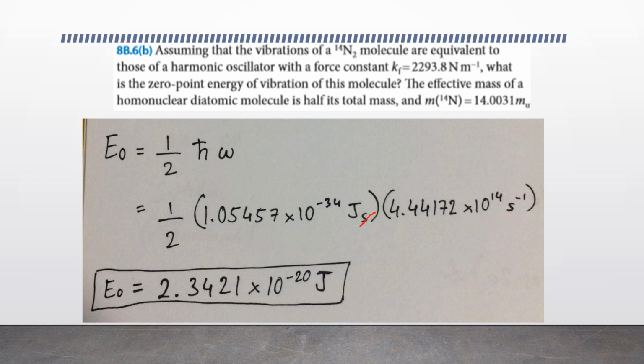So the seconds here will cancel, therefore giving us this final answer here. The zero-point energy is equal to 2.3421 times 10 raised to negative 20 joules.